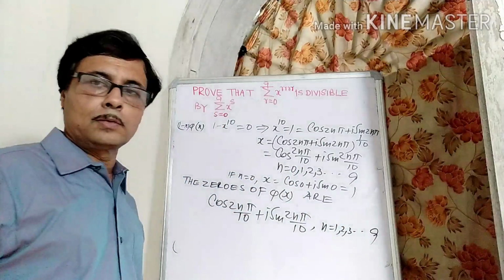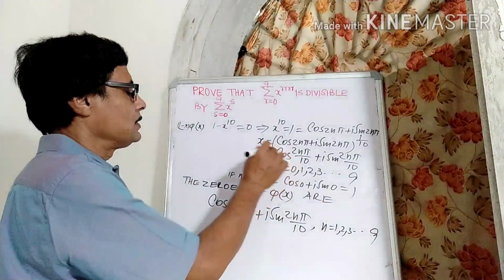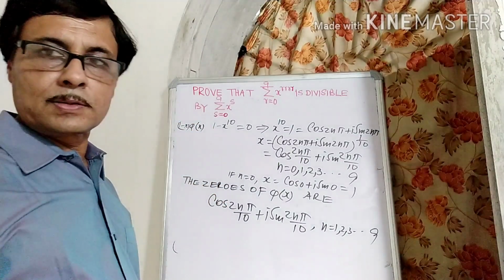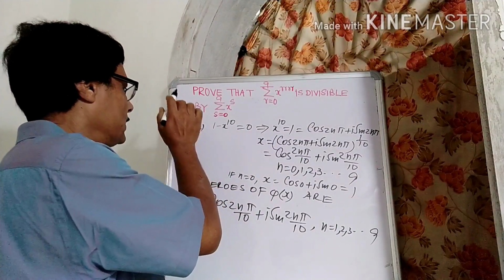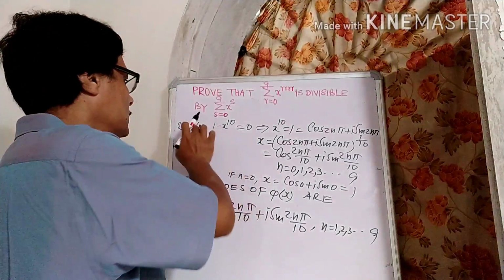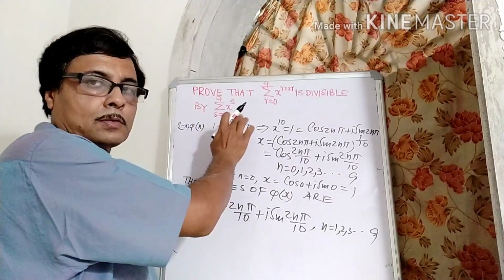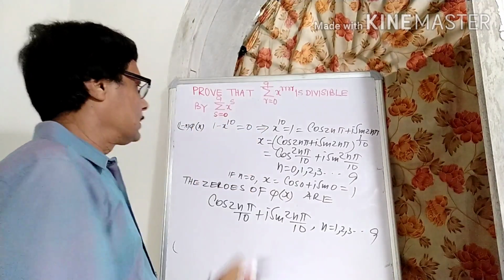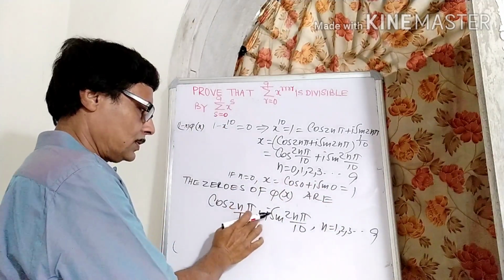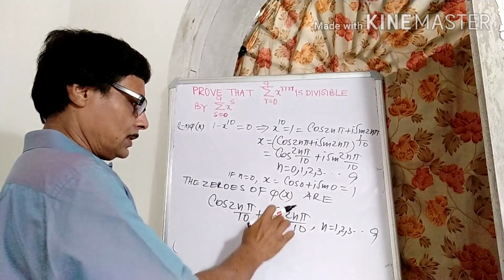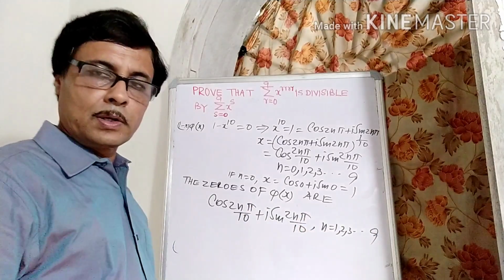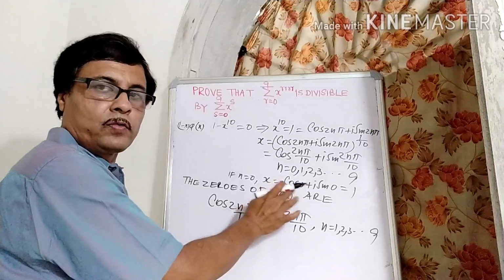Here n equal to 0 is excluded because for n equal to 0, x equal to 1, and x equal to 1 is not a root of phi(x). So if we exclude 1, the other roots of x to the power 10 minus 1 equal to 0 are the roots of phi(x). These are the zeros of phi(x).